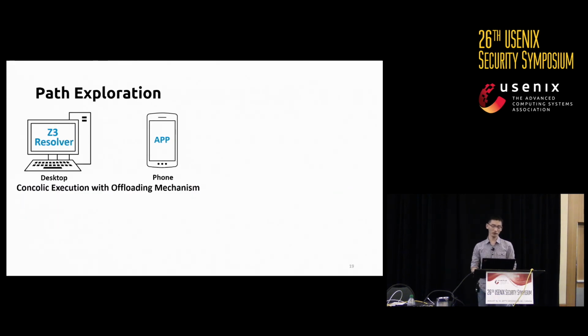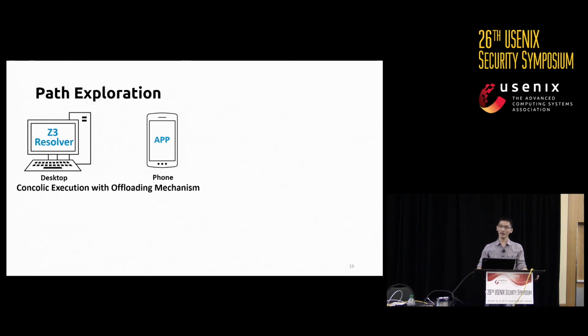Malton uses concurrent execution to explore execution paths. Because a mobile device has limited resources and concurrent execution requires considerable computational resources, we designed an offloading mechanism to improve the efficiency of concurrent execution.